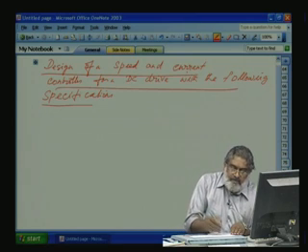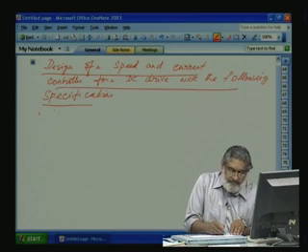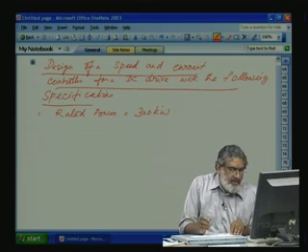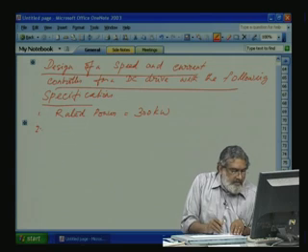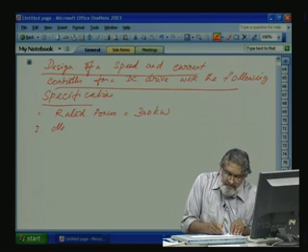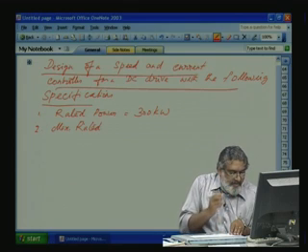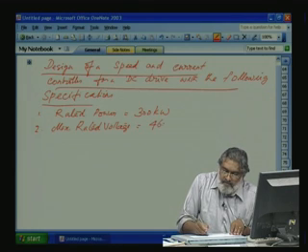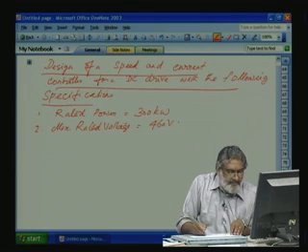Rated power, let us take 300 kilowatt. Maximum rated voltage, 460 V DC.